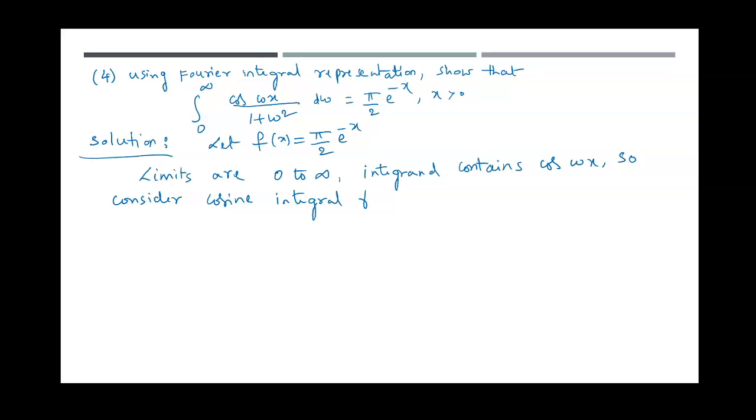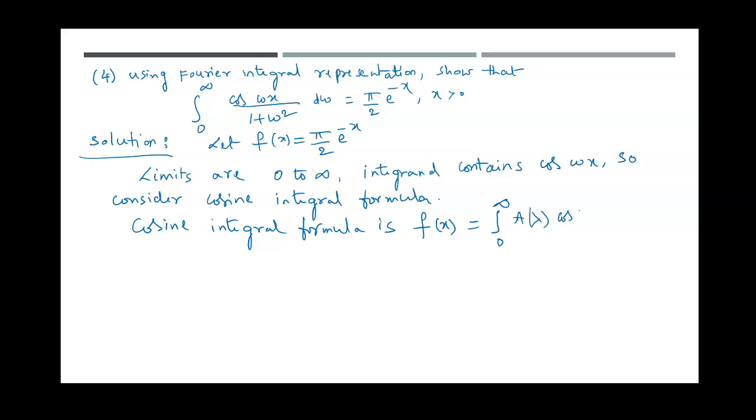Cosine integral formula is f(x) equal to integral 0 to infinity a lambda cos lambda x d lambda.